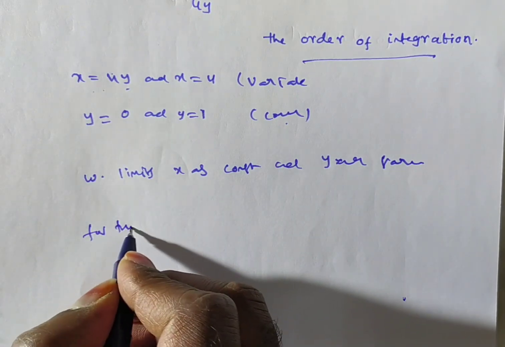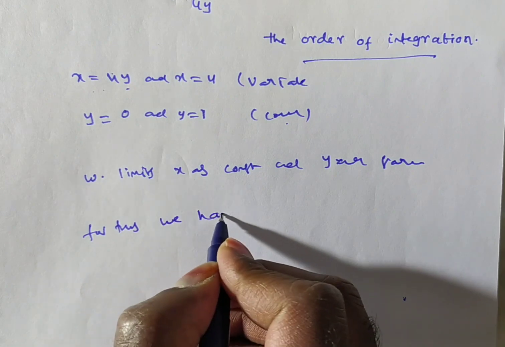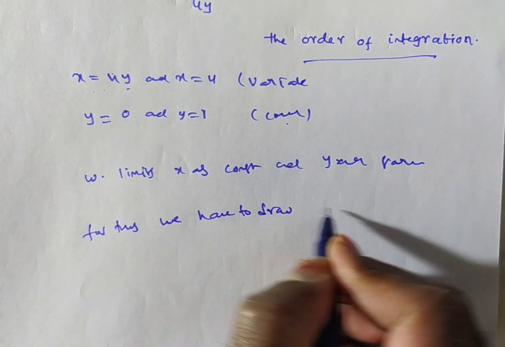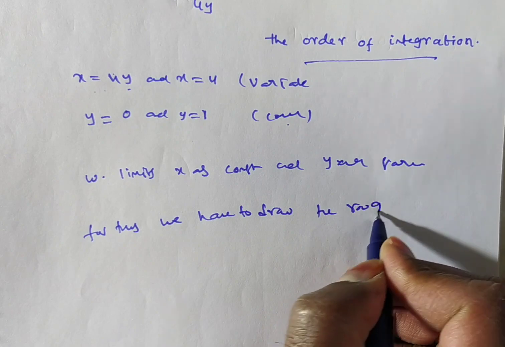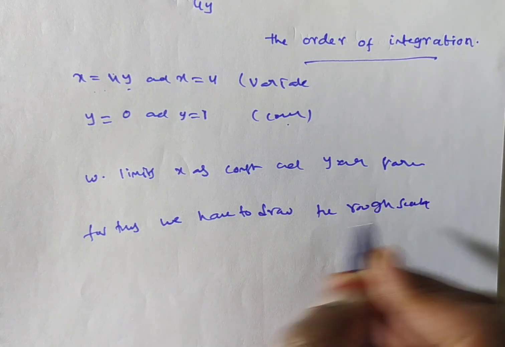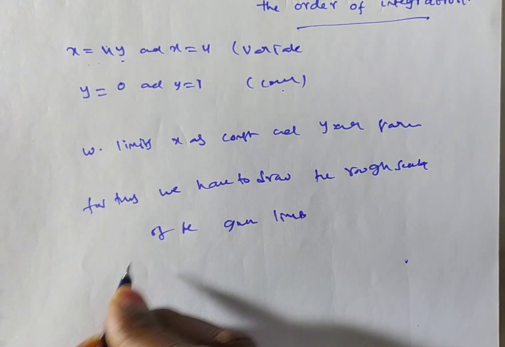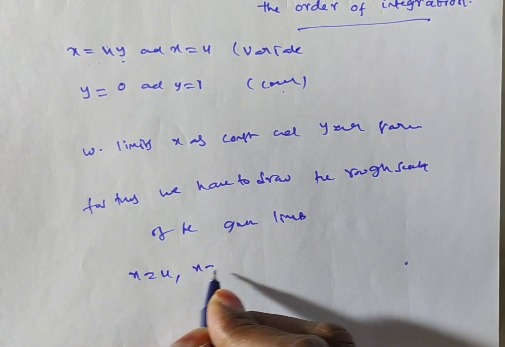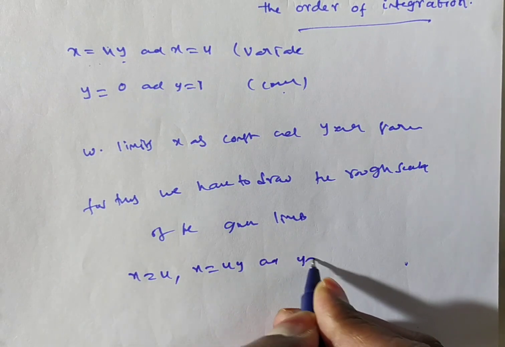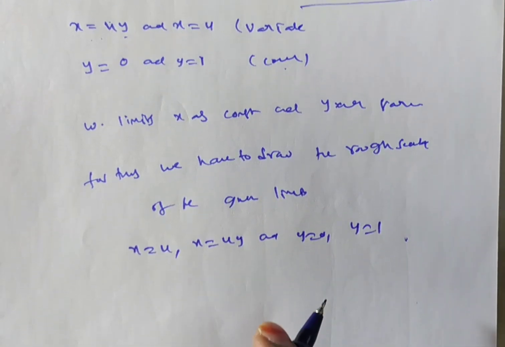For this we have to draw the rough sketch of the given limits: x is equal to 4, x is equal to 4y, and y is equal to 0, y is equal to 1.